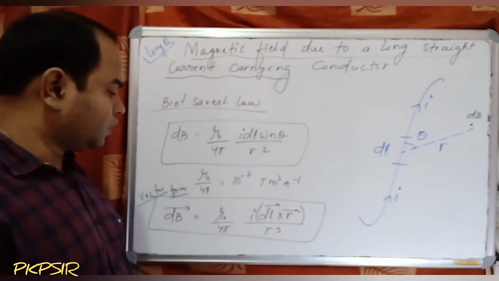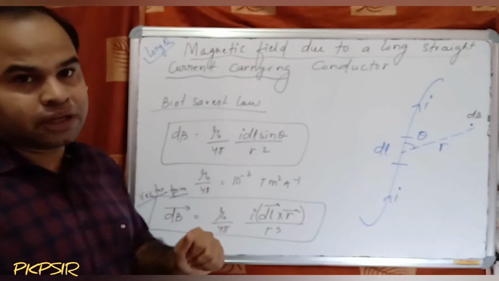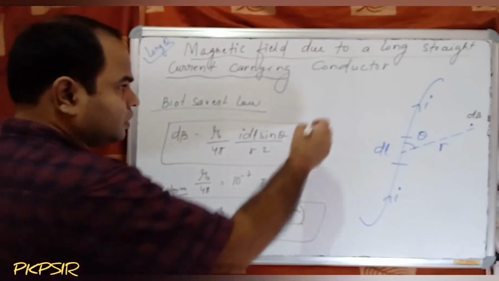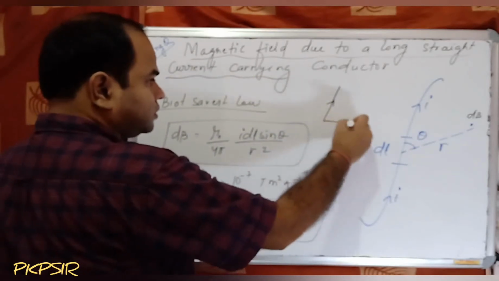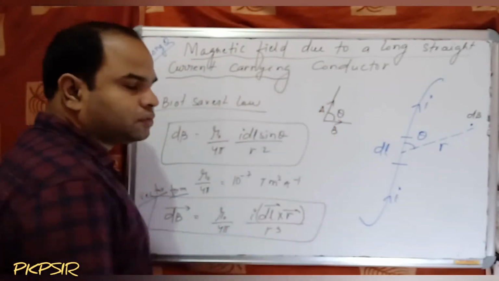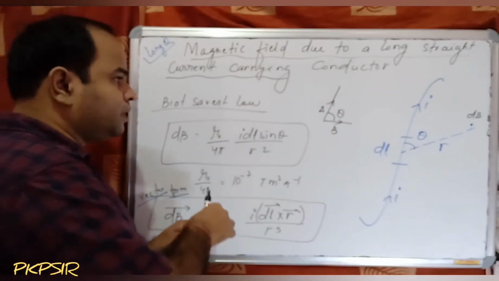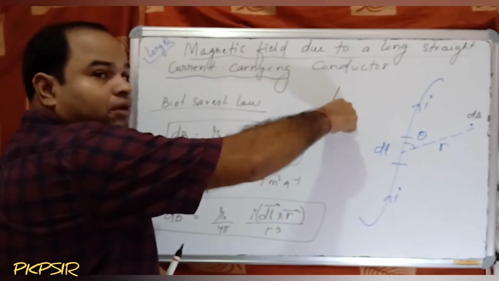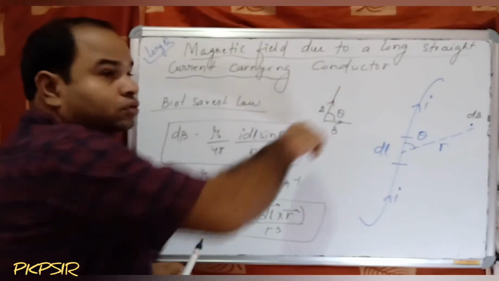Okay, the direction we find by using the screw rule. If this is a and this is b, and theta is the angle between them, then for a cross b, we rotate a to b, and the screw goes inward.